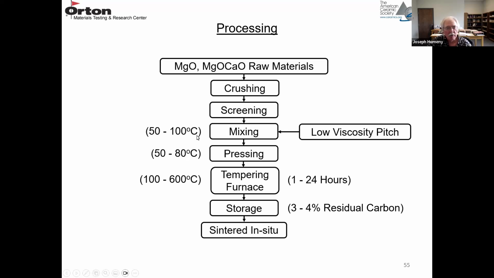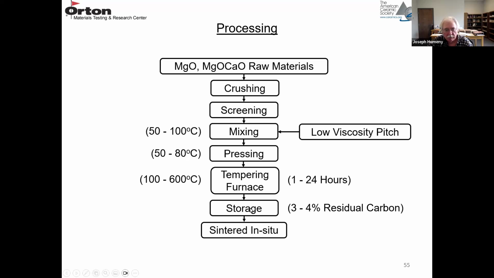And that's a warm mixing process, maybe 50 to 100 degrees C. And then that material is pressed, and it's a warm pressing operation, maybe 50 to 100 degrees C, to keep the pitch fluid enough. And then once the shape is pressed, it's tempered, maybe between 100 and 600 degrees C. If you're at the higher temperature, you're actually coking the pitch and creating a residual carbon. So that the tempering lasts between 1 and 24 hours. And that is your final product.